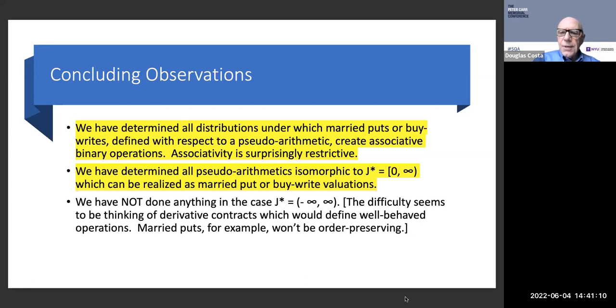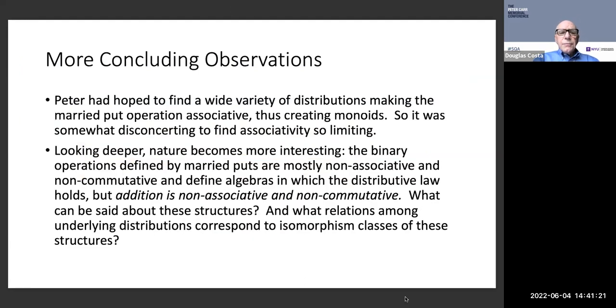And it just seems to be hard to think of derivative contracts that would define well-behaved operations on that case. So Peter had hoped to find a wide variety of distributions and intervals with those distributions that could create monoids, and he was somewhat disconcerted to find associativity was so rigid and limiting.